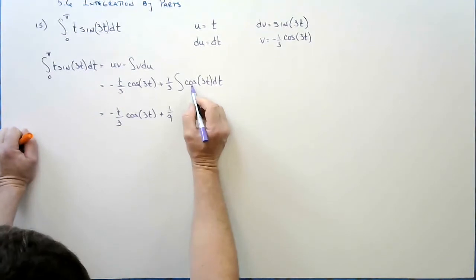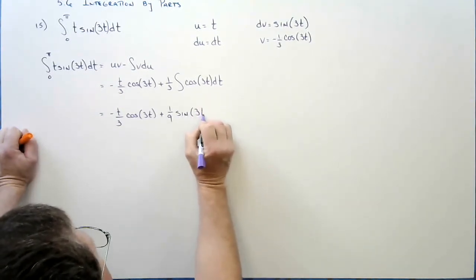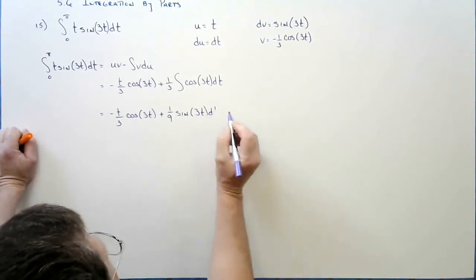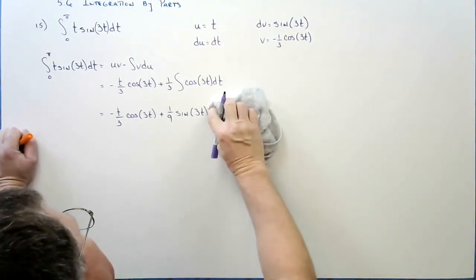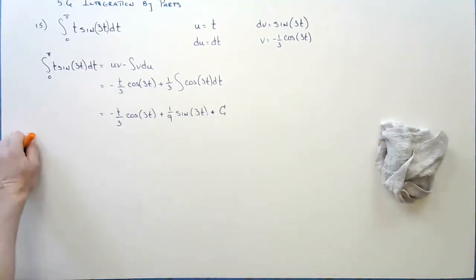The integral of cosine is positive sine, so we get sine 3t plus c. So that's number 15, all right? Without doing the u sub in detail, because we've done the u sub on previous problems over and over again. Okay.